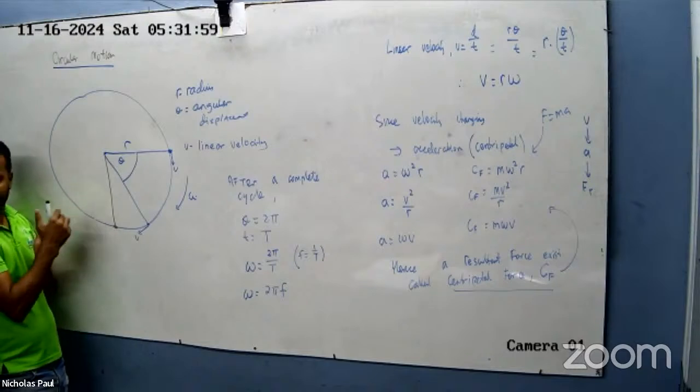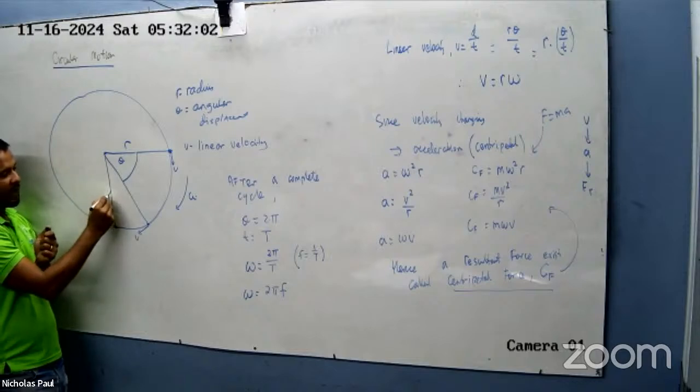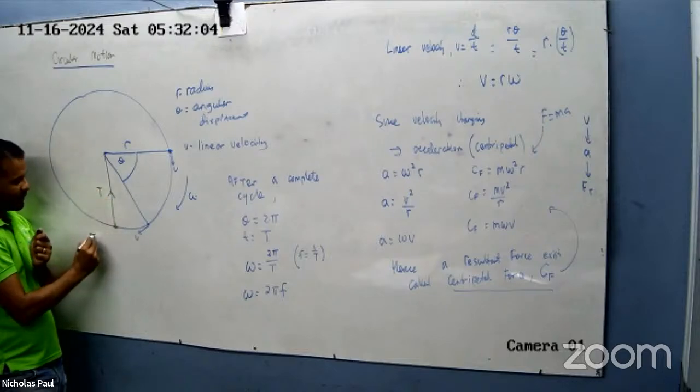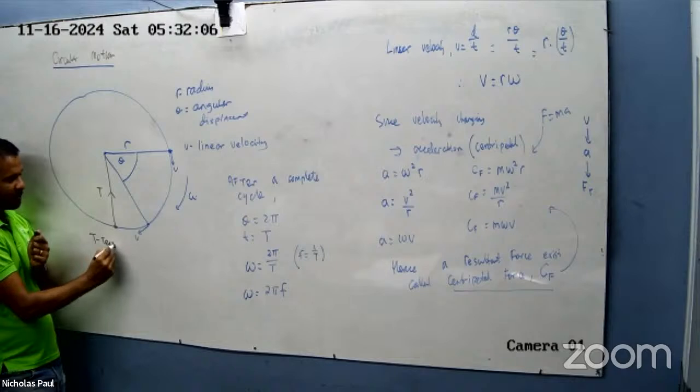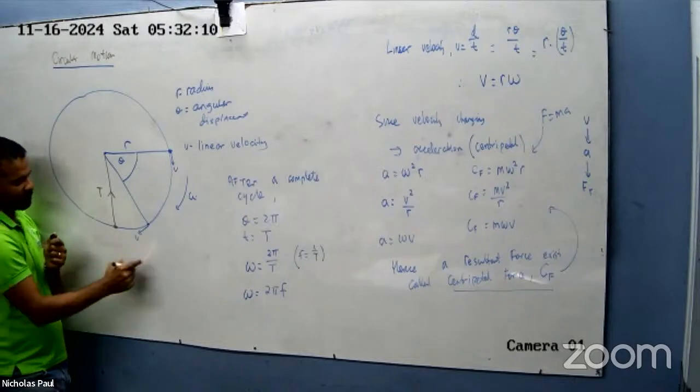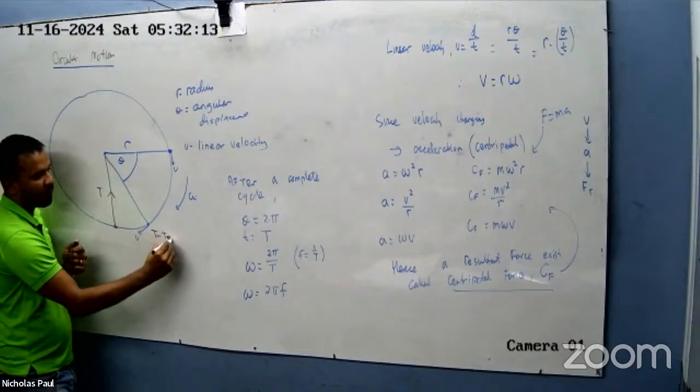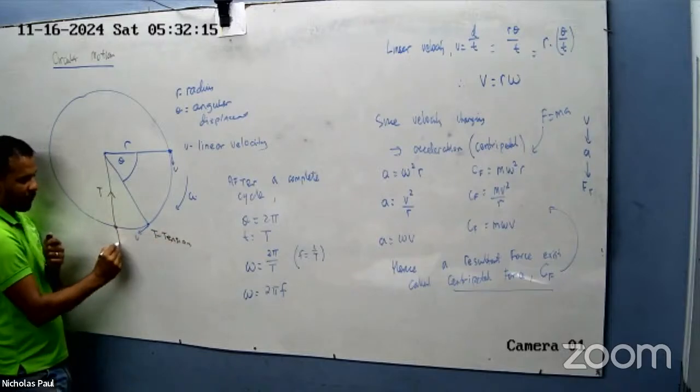Tension acting up. Right? So you have tension acting upwards here. Right? T is tension. Gravity is not a force. Weight, nice. So you have weight acting here.